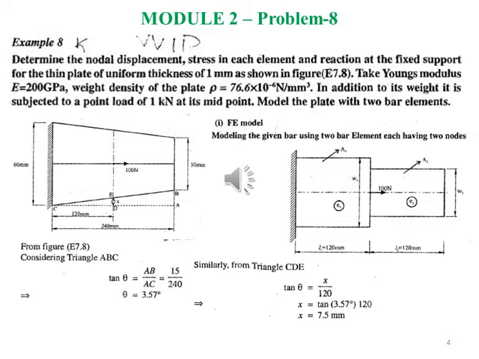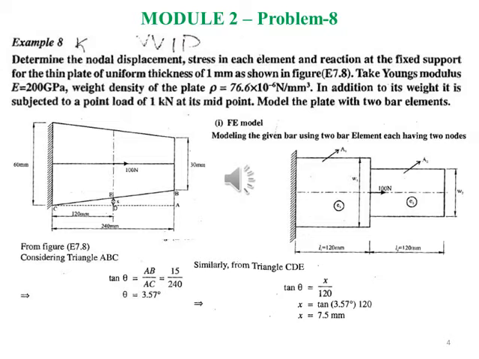Here we have considered element 1 and element 2. So you can see the figure on the left hand side, figure 7.8. There are two markings of triangle ABC and CDE. In triangle ABC, we know that tan theta is opposite by adjacent, that is AB divided by AC.